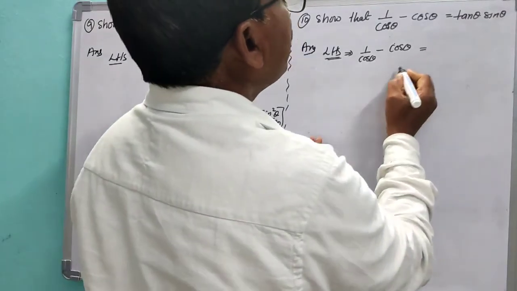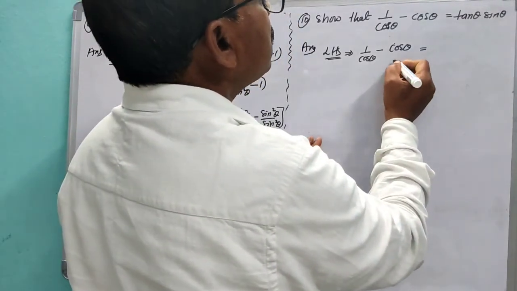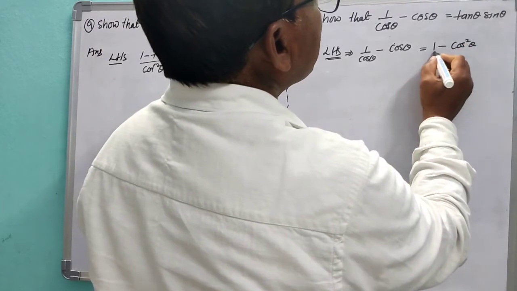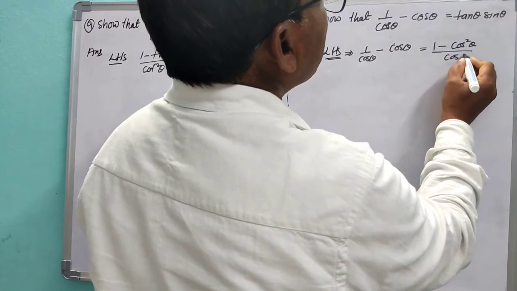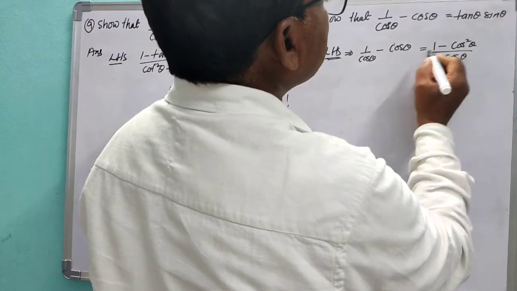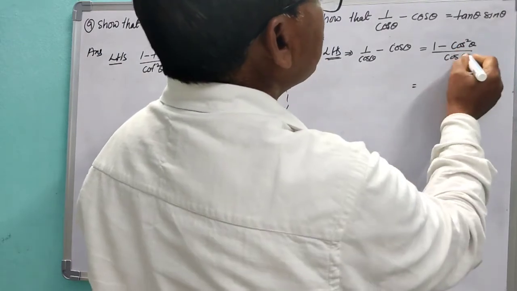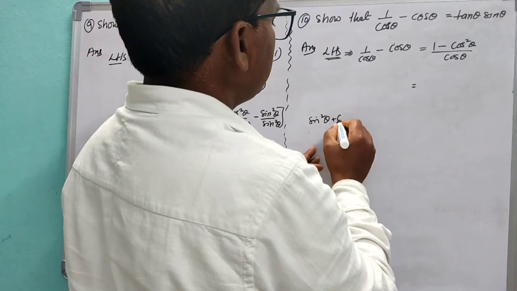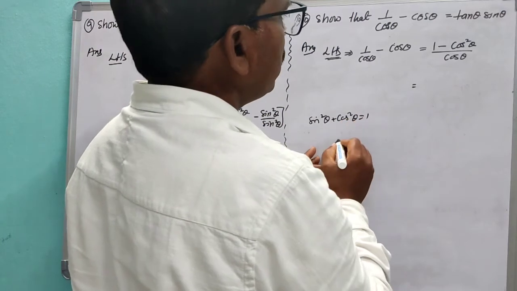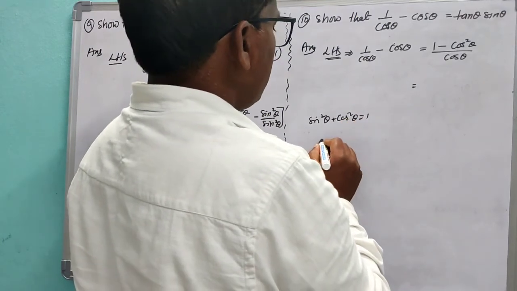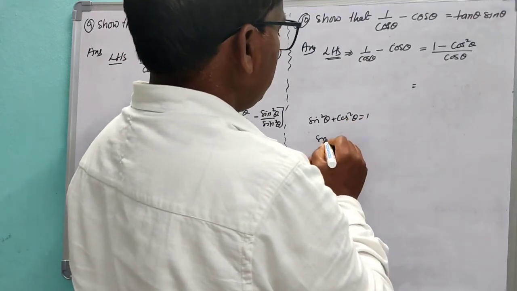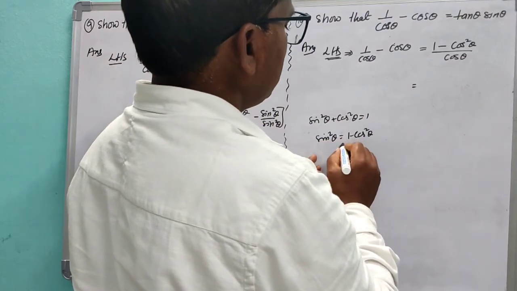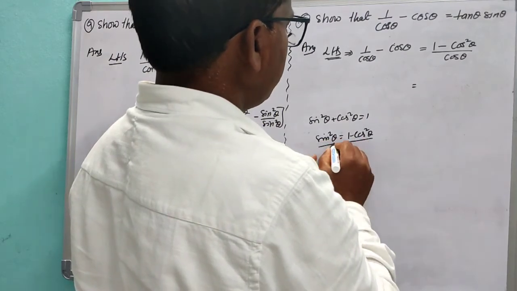Now we can write this as (1 minus cos square theta) by cos theta. As you know that sin square theta plus cos square theta is equal to 1, therefore sin square theta is equal to 1 minus cos square theta. 1 minus cos square theta is equal to sin square theta.